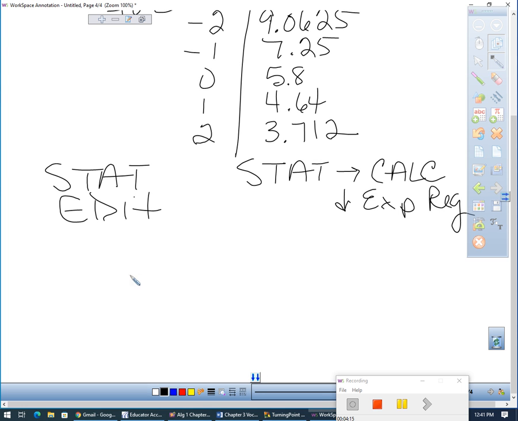All right, so we're going to have y equals 5.8 times 0.8 to the x. Questions? How are we doing?